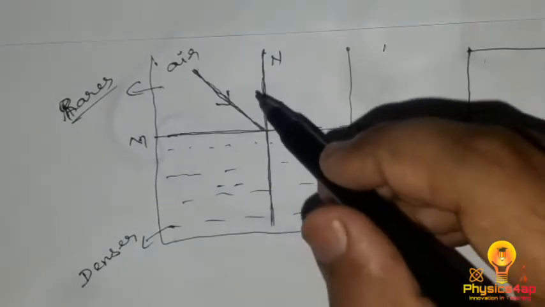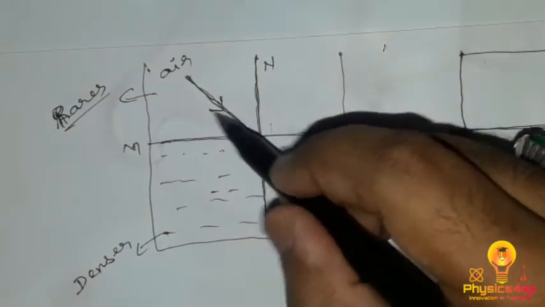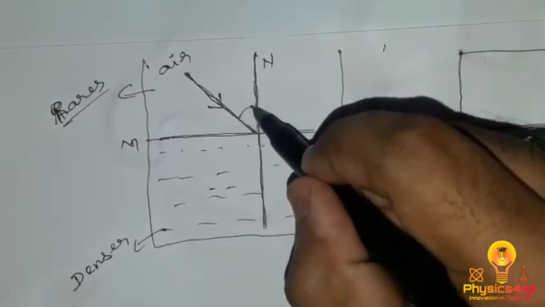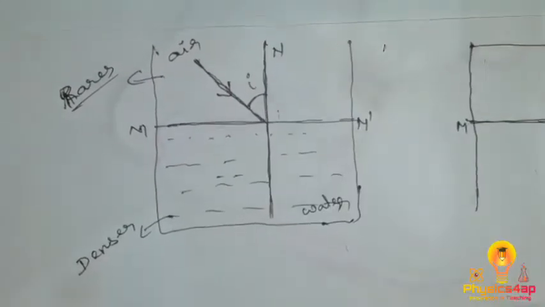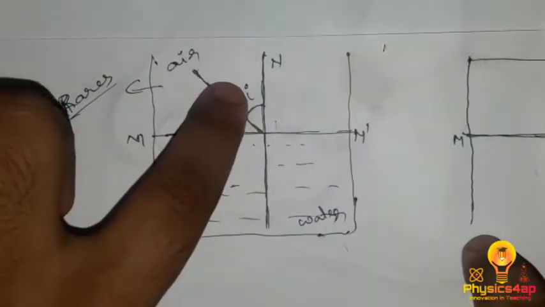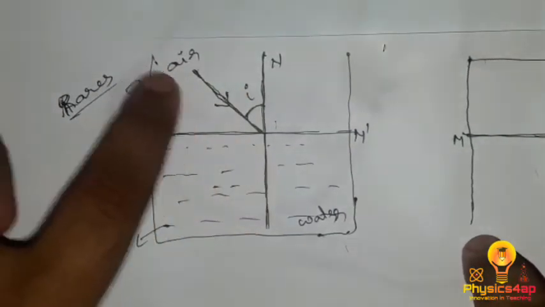The angle between the light ray, which we call the incident ray, and the normal is called the angle of incidence I. So this is the angle of incidence I, and this is the incident ray.